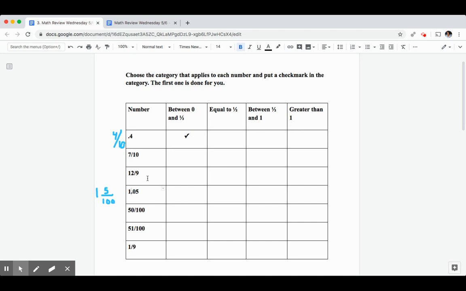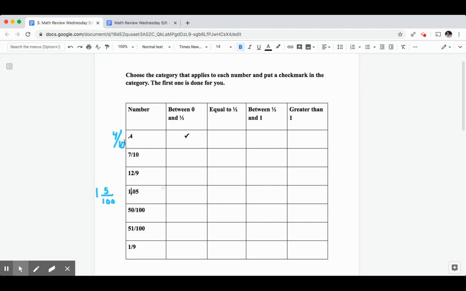So now that we have all of our numbers written as fractions, we'll be able to understand which benchmark they fall into. The first one here was done for us. 4/10 was labeled as between 0 and 1/2. One thing that's going to help us figure out if it's equal to 1/2 or less than 1/2 is if we remind ourselves what half of our denominator is.